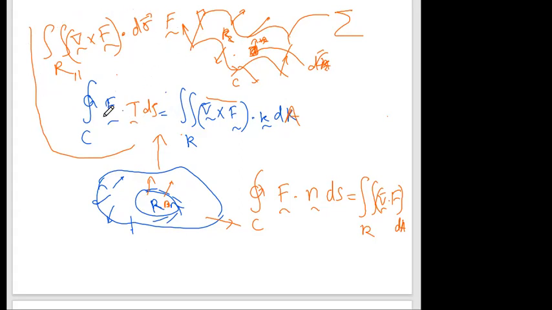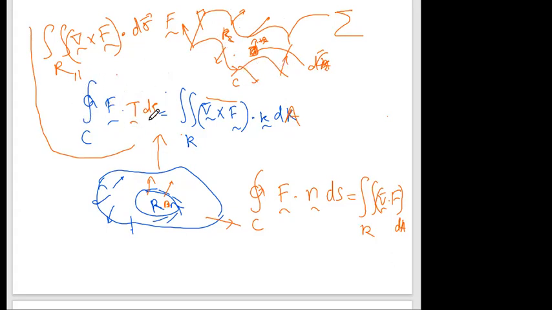What do we measure using Stokes theorem? We compute the circulation of the vector field. Or if a particle is moving along this curve, we measure the work done on the particle, right?